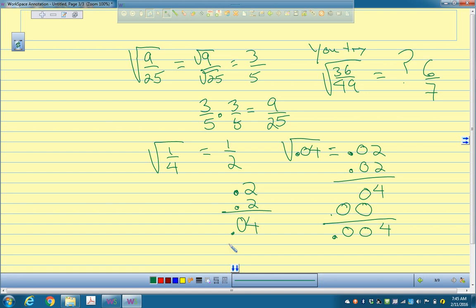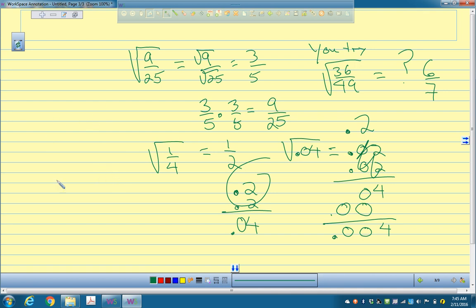So it's going to be 0.04, right? 2 times 2 is 4, and then you move it over 2 decimals. So this is your answer. It's equal to 0.2. Got to be a little careful with some of those, okay?